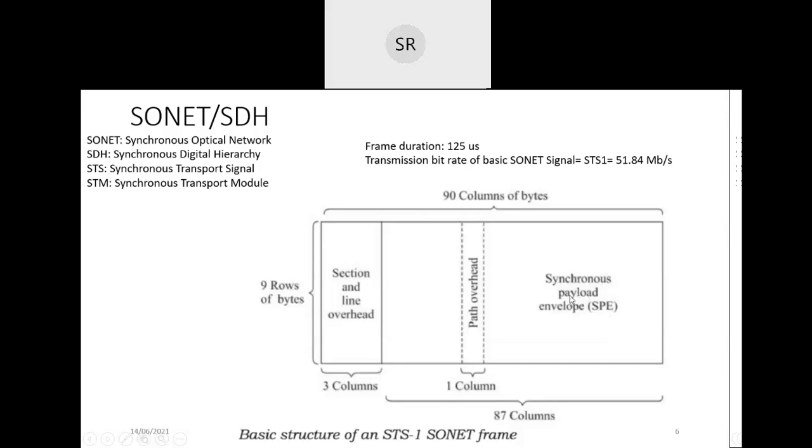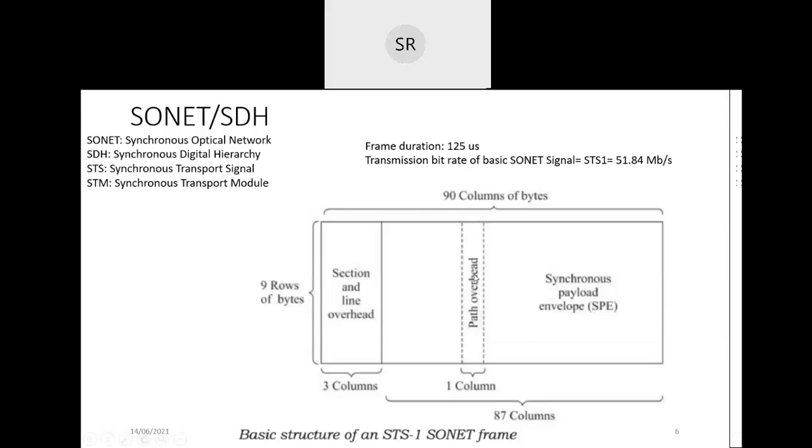And the synchronous payload envelope consists of a path overhead of one column. One column is nothing but 9 bytes. That path overhead is used to support performance monitoring by the end equipment, that is the status, signal labeling, tracking function, and a user channel there.